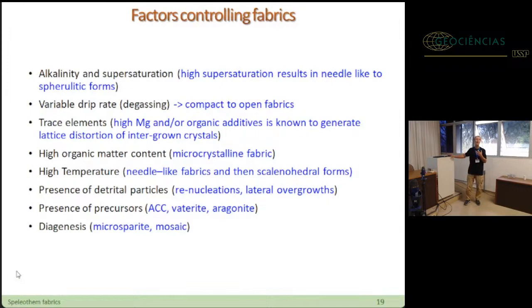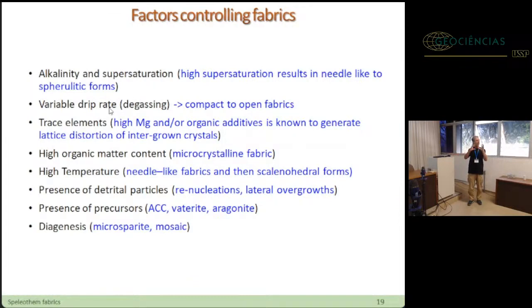So, what are the factors controlling fabrics in speleothems? Well, as usual, there are many of them, and the combination can be really confusing. So there is no single factor controlling the fabric. The more important ones, as Max showed, are alkalinity, supersaturation, and drip rate.